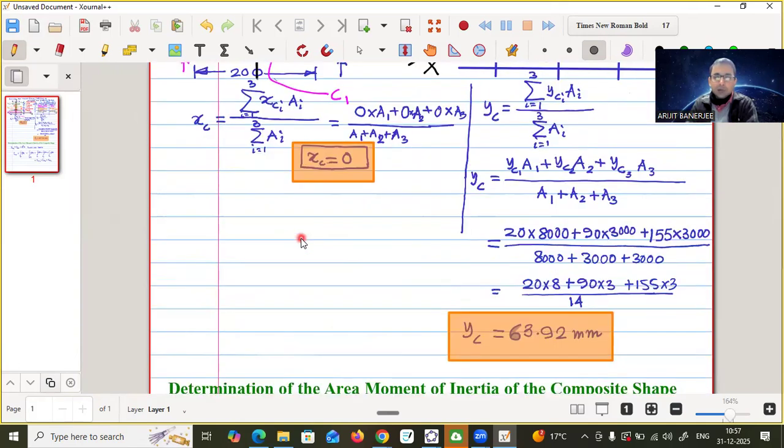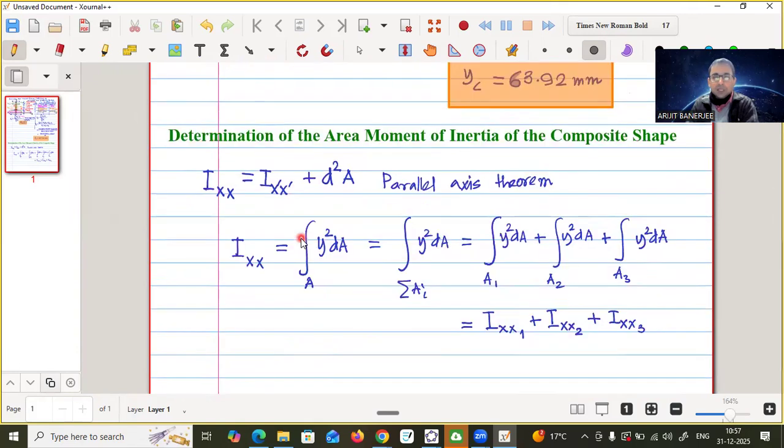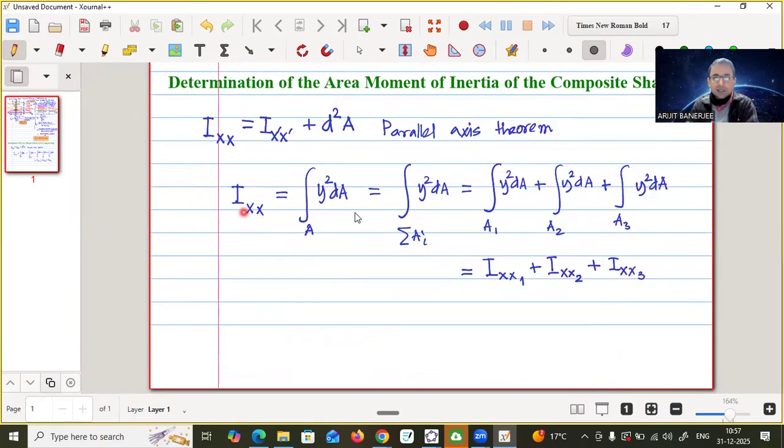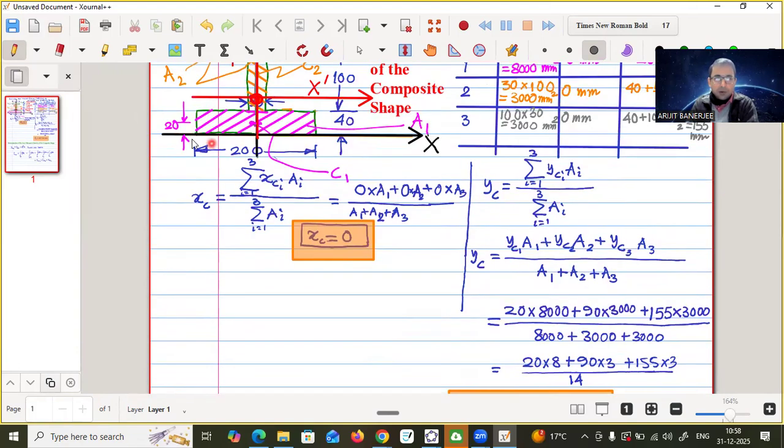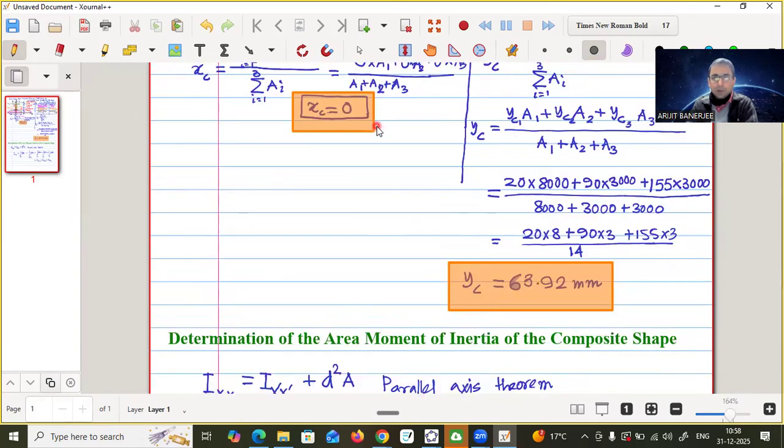We will get the total moment of inertia about the same axis. This x-axis is the same for all. So to calculate the moment of inertia of the complete object about any axis, we calculate the individual moments of inertia and then add.